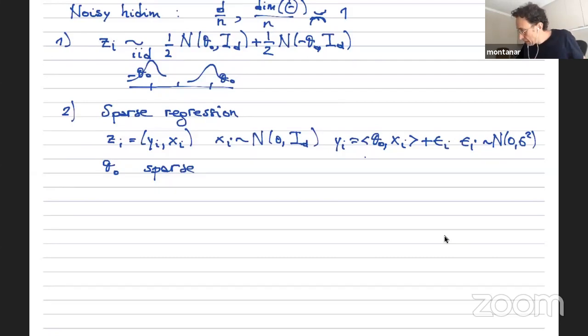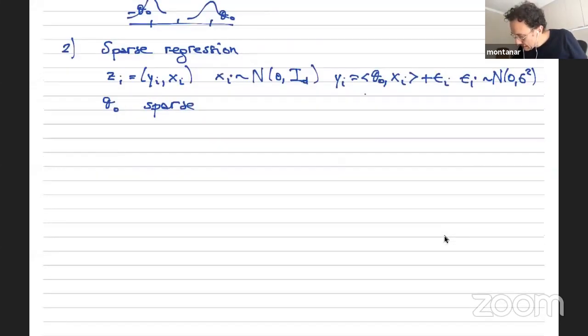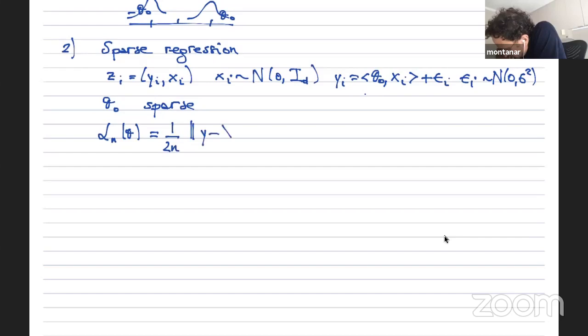A popular method to estimate theta 0 in this case is to minimize the following cost function. Here y is the vector whose ith entry is yi, and X is the matrix whose ith row is the vector xi.